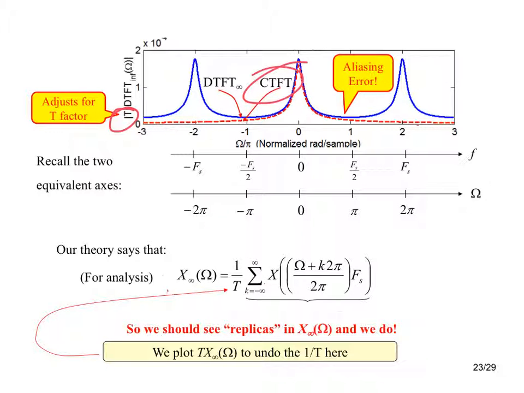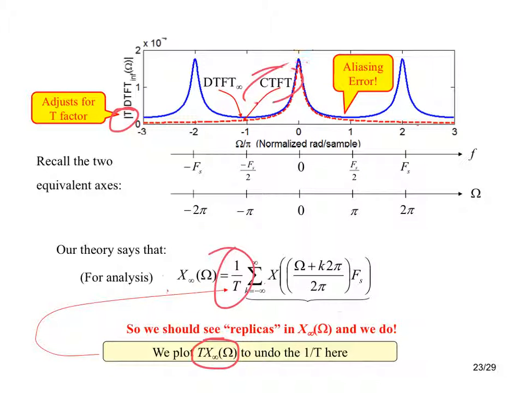So I'm plotting T times the DTFT to undo this 1 over T here so that I can compare my plot. If I didn't do that, the red and the blue curves up at the top would have vastly different heights. But by doing that, I can compare them and see. So what am I seeing here?